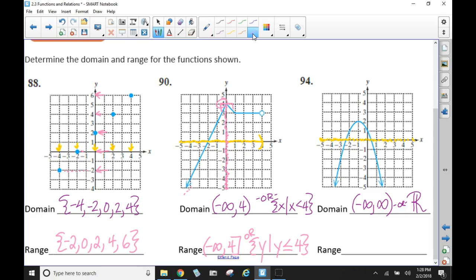Now, for our range, we look at the set of all y values, and that is again going to be y values that happen when we've got negative large numbers all the way up to and including 2. So the range would be from -infinity up to and including 2. Or again, we can say the range is the set of all y values such that y is less than or equal to 2.